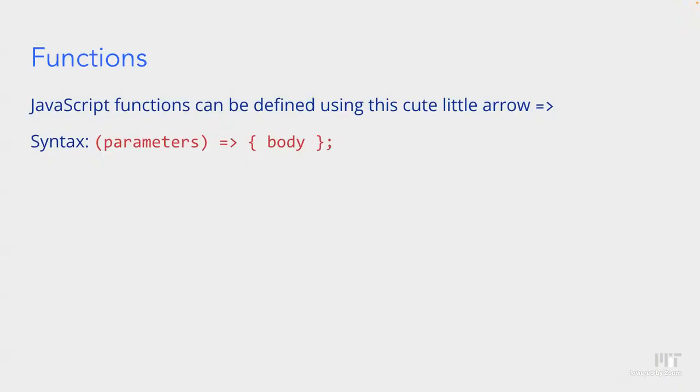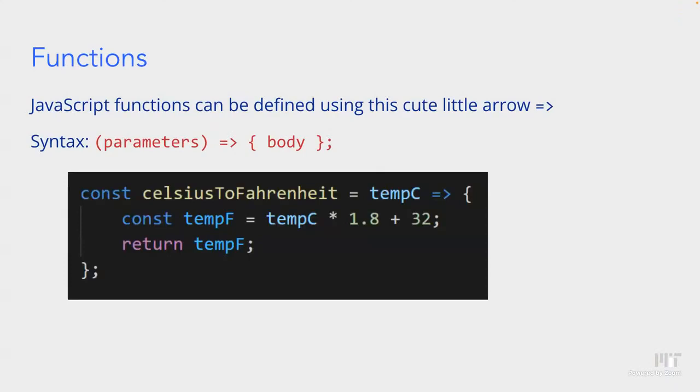Normally we define it similarly to a variable. So we still have either const or let in front of the function name, and we set that equal to everything we see over there.